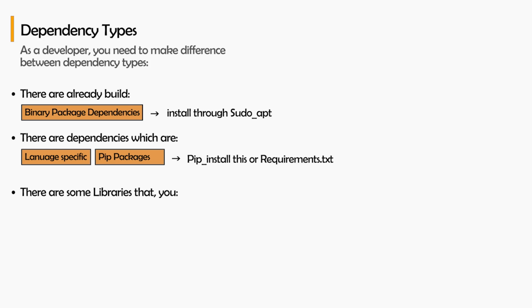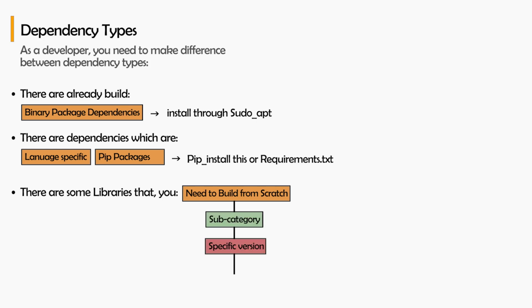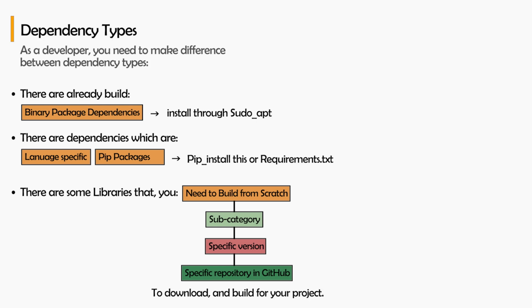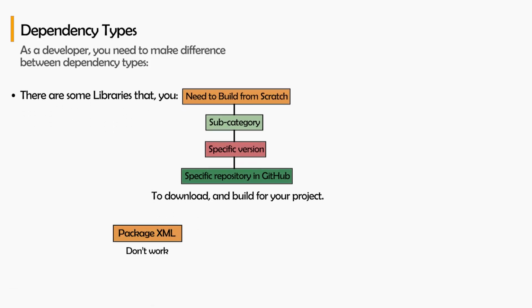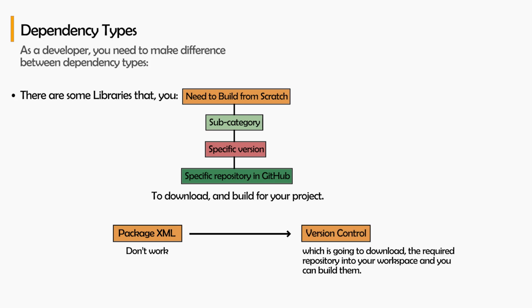There are some libraries that you need to build from scratch for your work, and also in that there is a subcategory where you want a specific version of a specific repository on GitHub to download and build for your project. Now for that specifically, package.xml doesn't work. You need to use another tool, which is vcs, a version control tool, which is going to download the required repository into your workspace and you can build them.